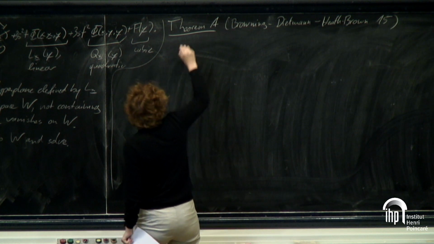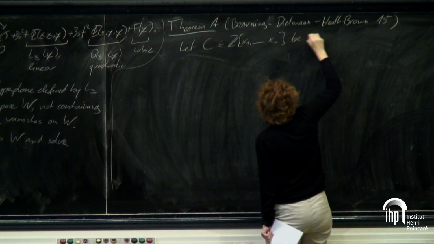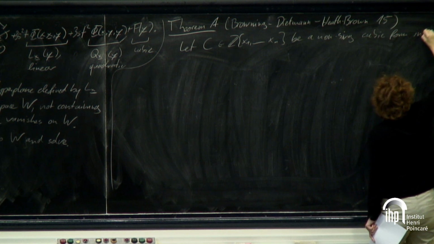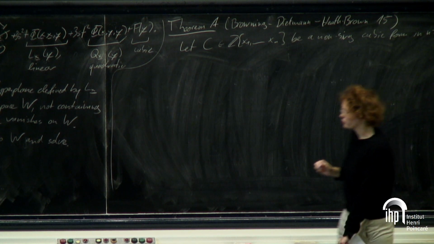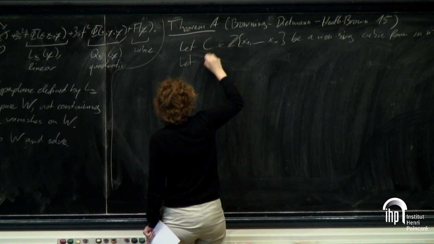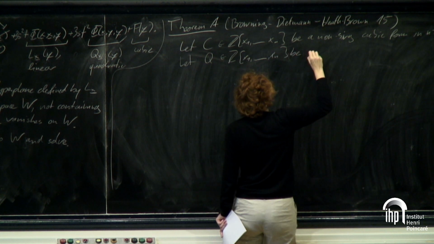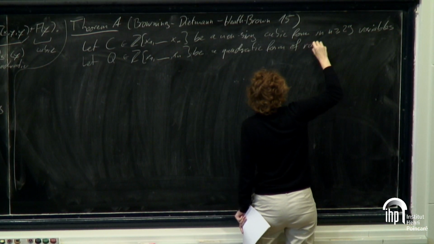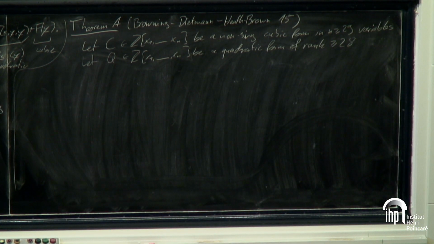What they show is: if you have a cubic form in at least 29 variables and a quadratic form with rank at least 28, then the intersection of the two underlying hypersurfaces satisfies the Hasse principle.